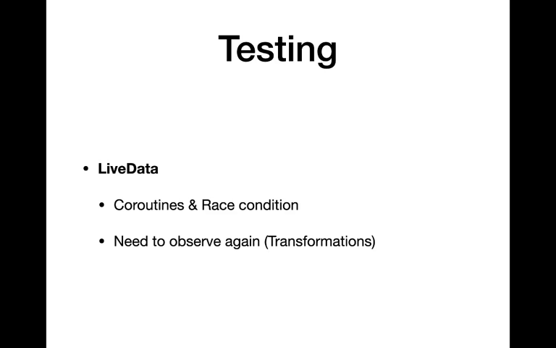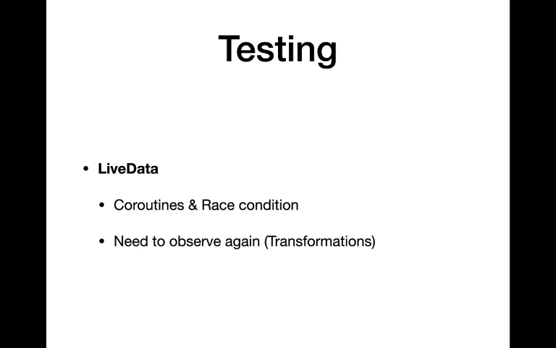LiveData has some problems if you're using coroutines. You need to be careful about the race condition, because if you're using LiveData with coroutines and you're not injecting the correct dispatcher, you will see some red in your CI, and you will wonder what the exact reason is, why it is failing.